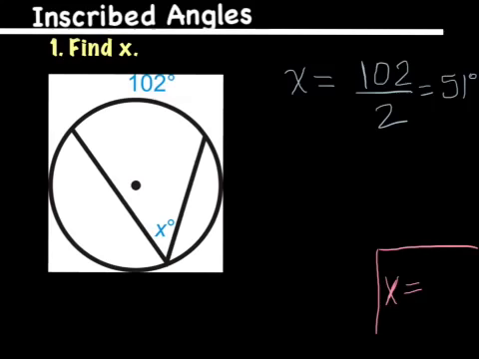So that means that this angle is 51 degrees. So this inscribed angle will make an arc that's twice the size. So x has to be 51 degrees.